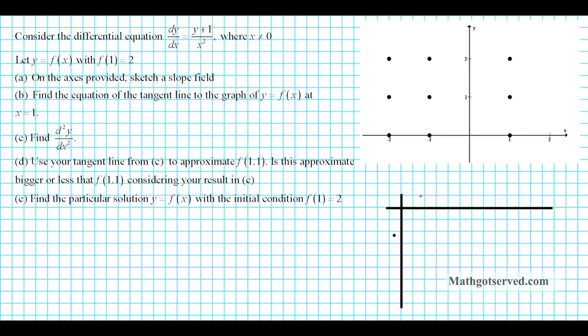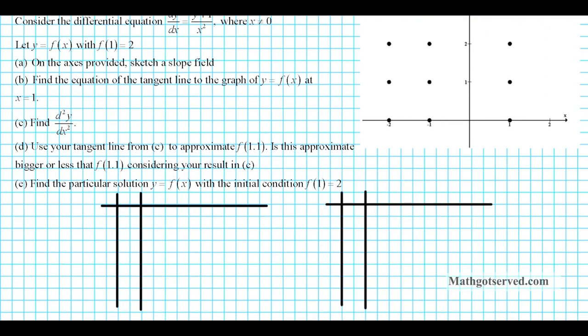So I'm going to have my x, my y, and then the computation of my slopes. So the way I like to do it, I like to do it in order. Alright, so I have my table of values.